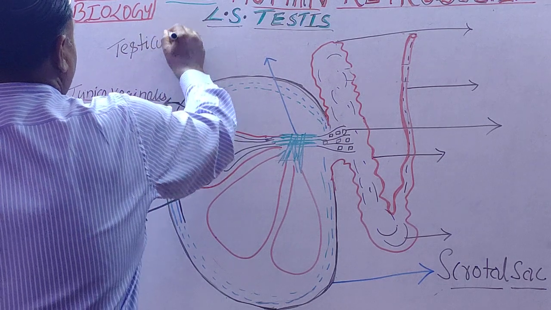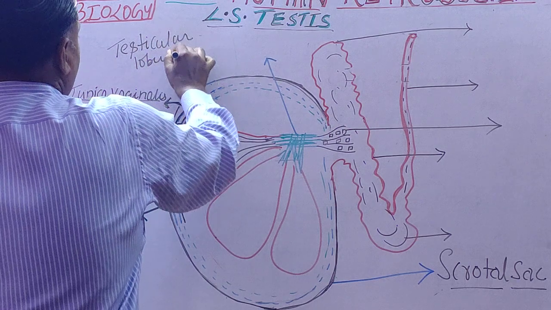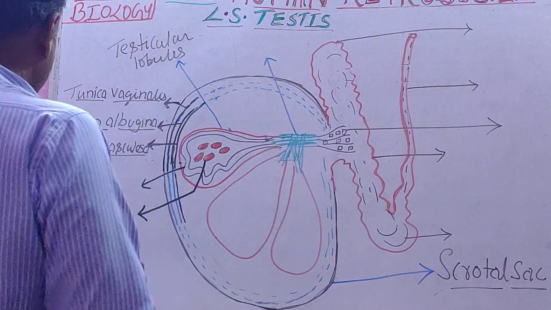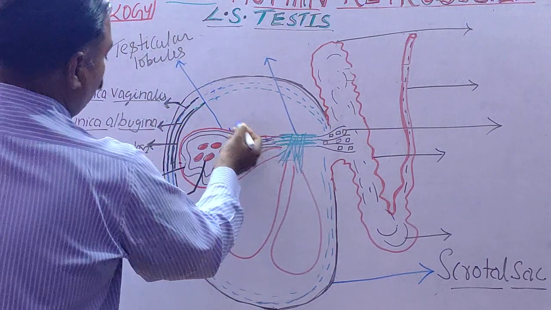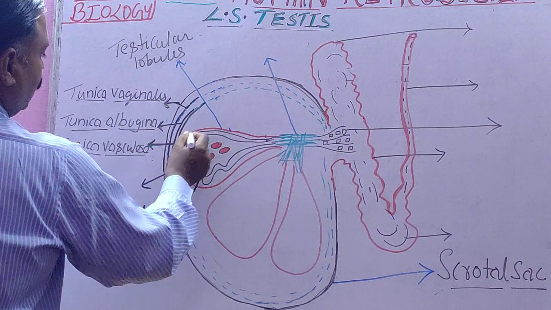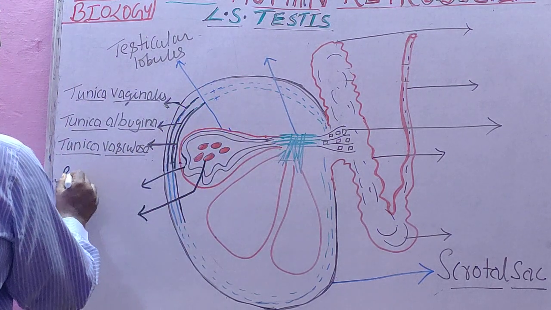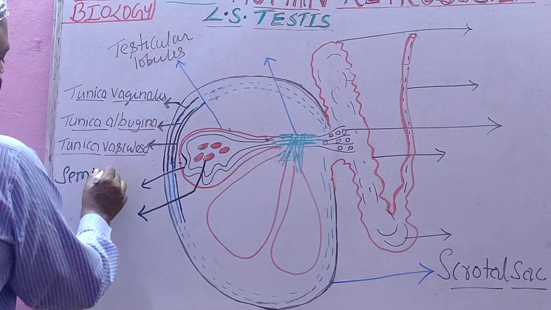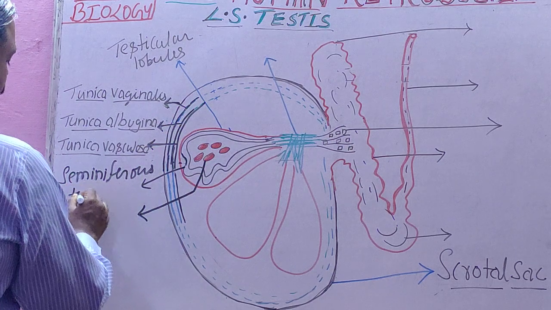Now when we study in detail, one testicular lobule, it consists of this coiled tube-like structure called seminiferous tubule.